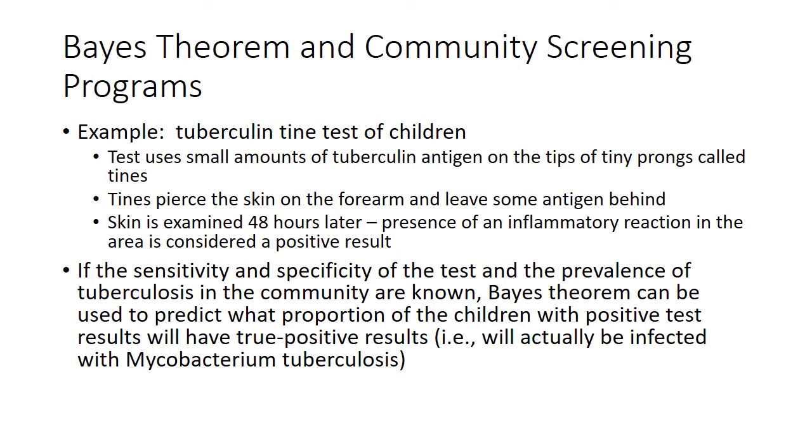That's going to be important when you're trying to factor in how many false positive results you're going to get, because you don't want to accidentally identify someone as having tuberculosis when they really don't, especially with treatment being so severe. Yes, there are lots of issues with that, so you want to mitigate how many false positives you have as much as possible.